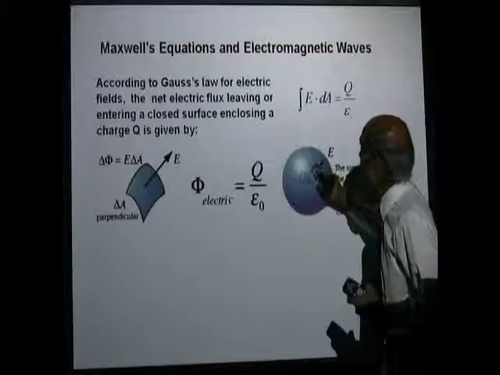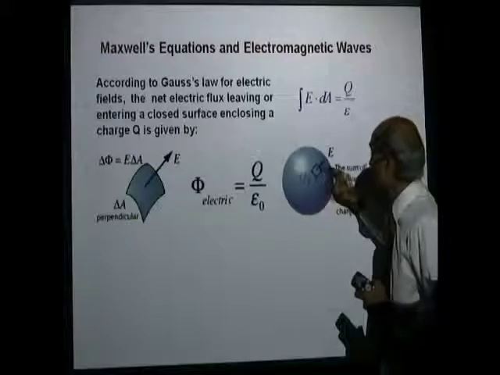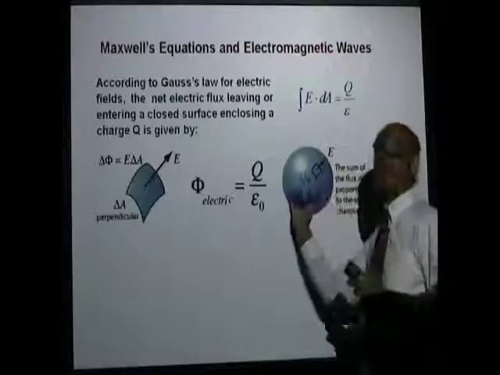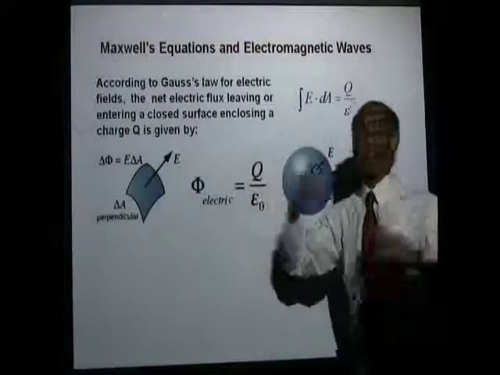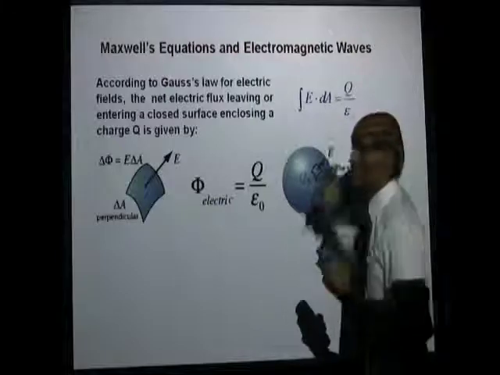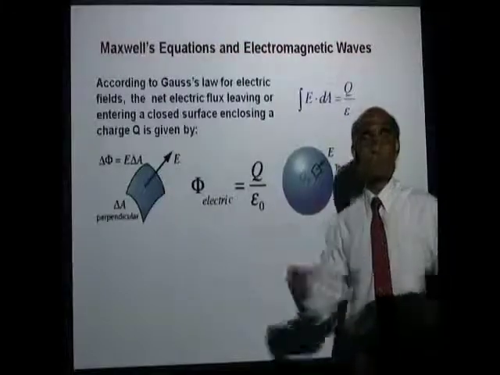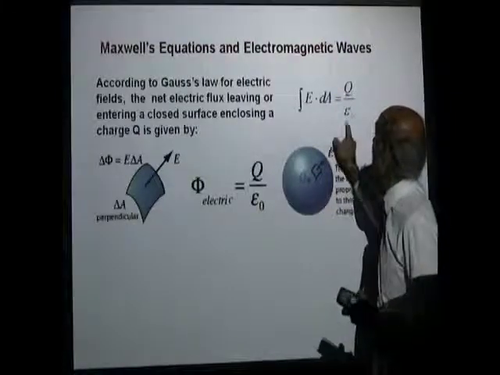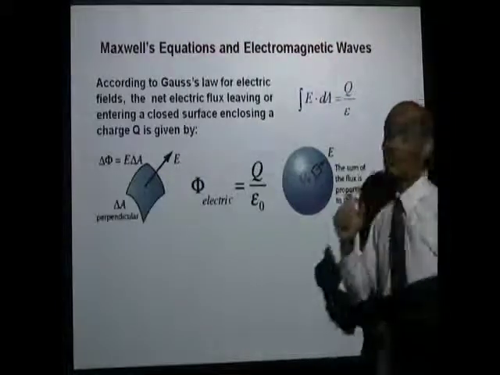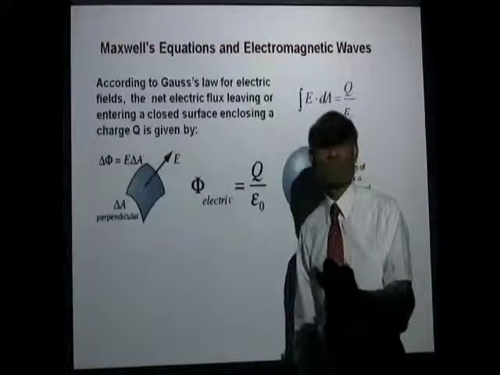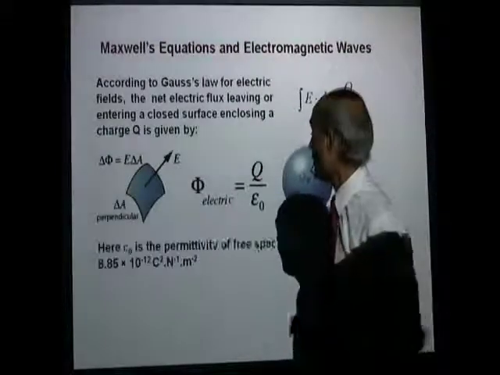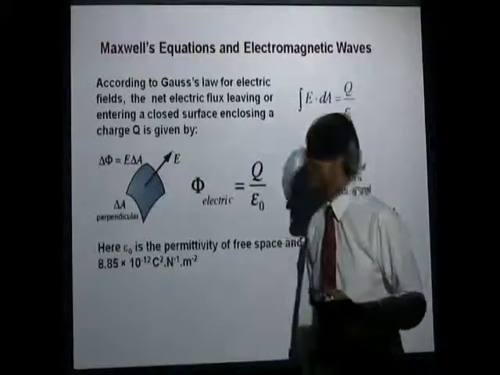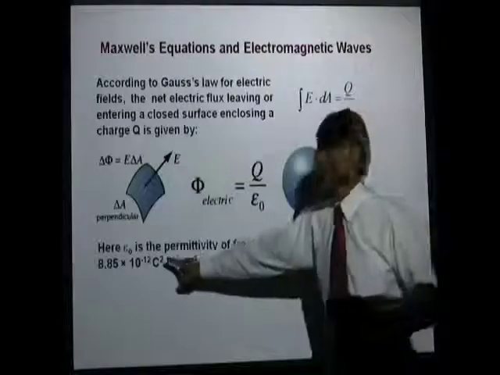So E dA is the flux leaving that element area, and if you integrate that over the surface, that is the net flux, equal to the enclosed charge divided by epsilon naught, where what is epsilon naught? It's the permittivity of free space, and it has a value 8.85 times 10 to the negative 12 coulomb squared per Newton meter squared.